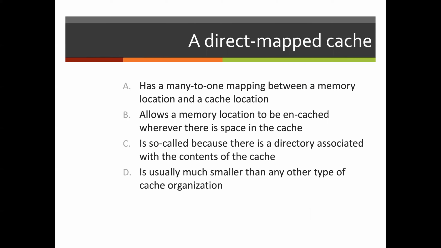And so a question to recap: a direct map cache A, has a many-to-one mapping between a memory location and a cache location; B, allows a memory location to be in cache wherever there is space in the cache; C, is so-called because there is a directory associated with the contents of the cache; or D, is usually much smaller than any other type of cache organization.